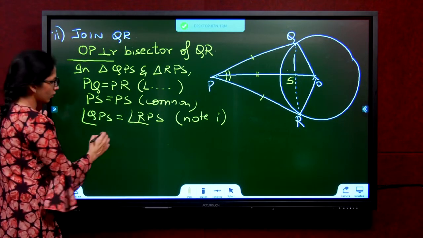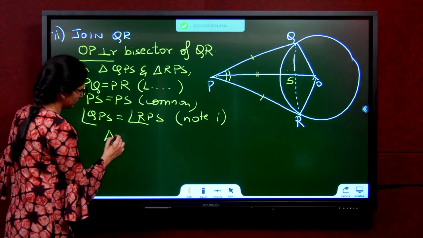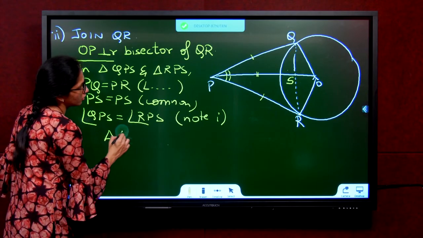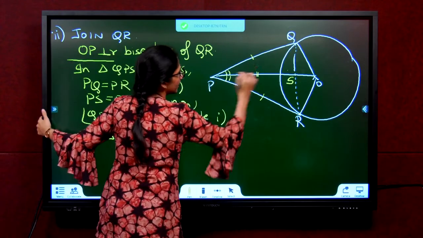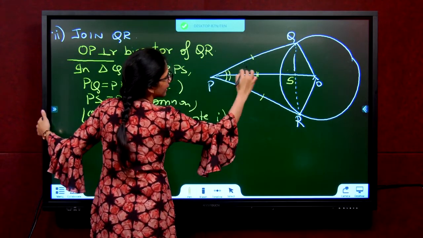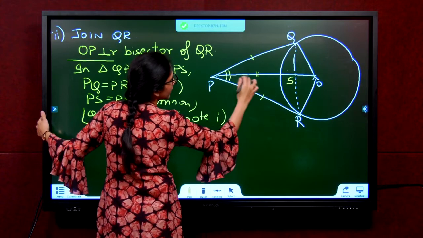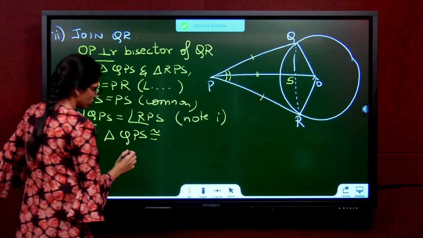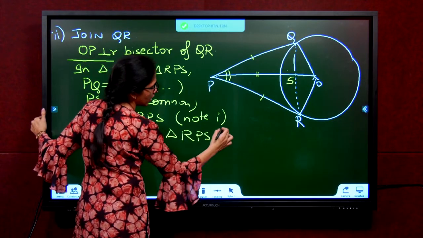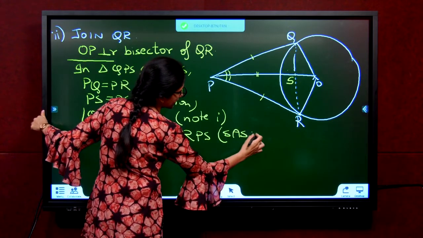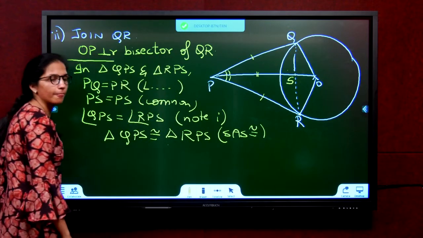Okay? So now I can say triangle QPS is congruent to triangle RPS. Single side angle double side, single side angle double side means double line. Which congruency? SAS congruency.